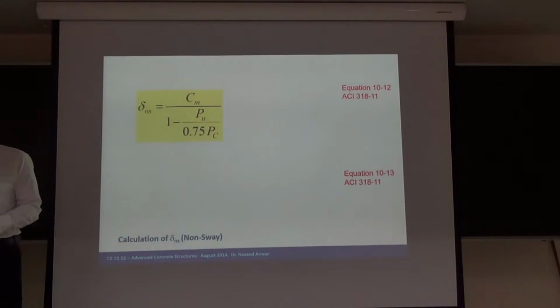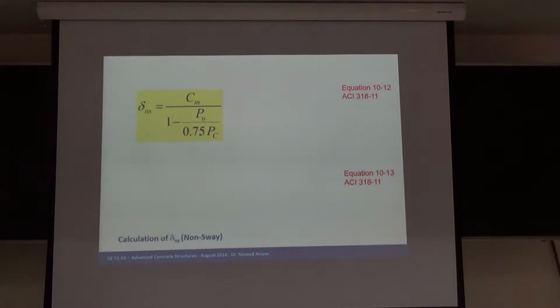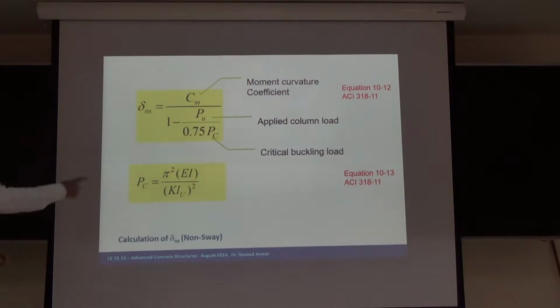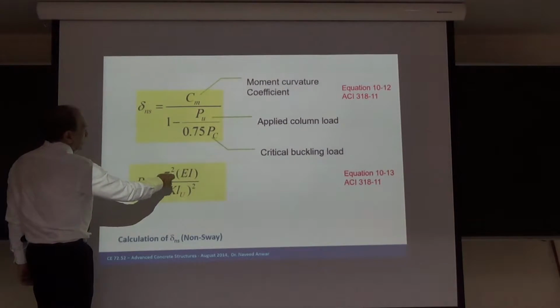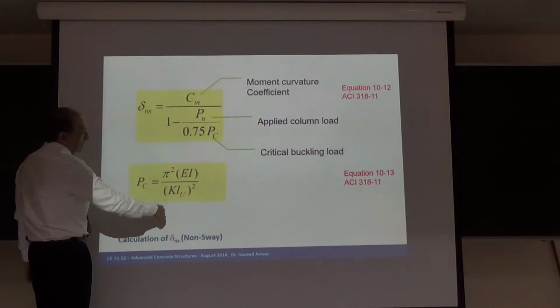PC is the critical buckling load. So if you calculate that, you should be able to calculate this one. Moment curvature coefficient, applied load, and critical buckling load. And the critical buckling load is equal to pi squared EI over this one.